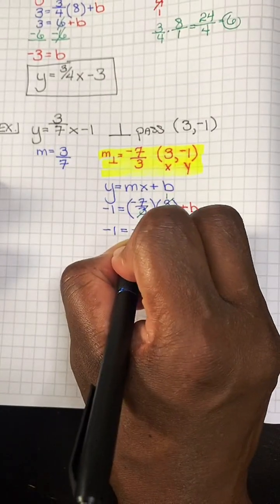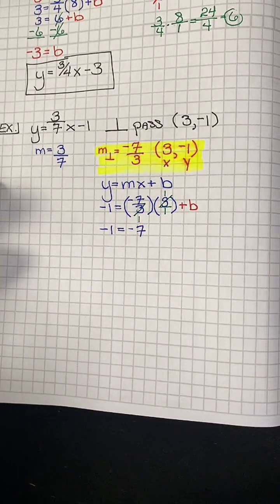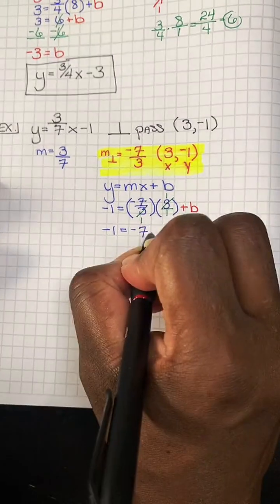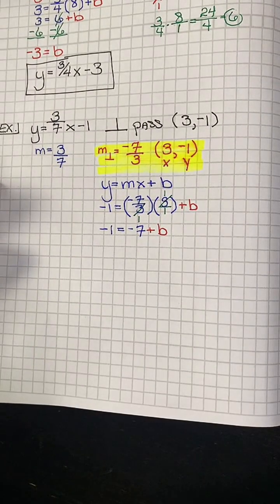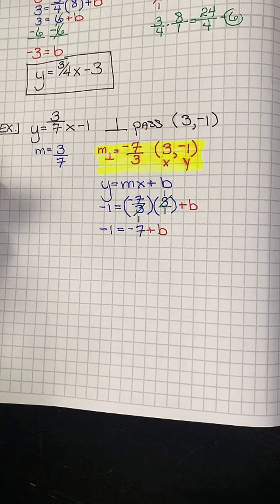That gives me a -7. And then my plus b. Are we okay? All right, good. There we go. Good, Caitlin. Good read. Okay. All right.